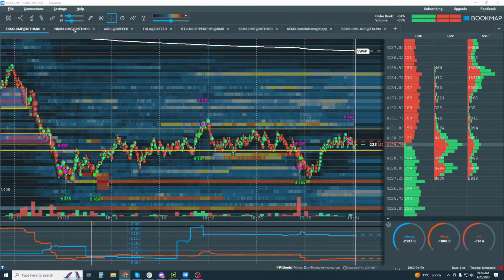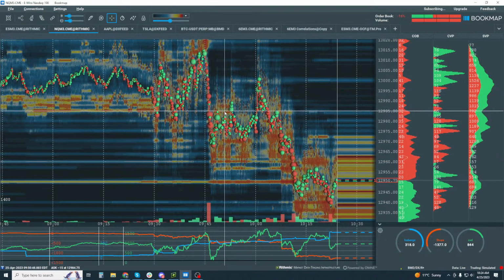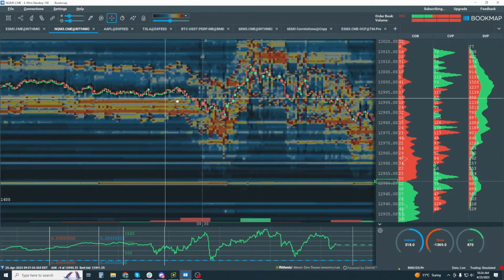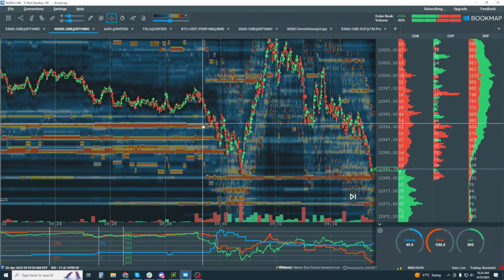Yeah, there's something I saw here earlier in the NASDAQ that I thought was a very, very simple opportunity. It was right here at the open. Again, absorption, absorption, absorption, stop run here.